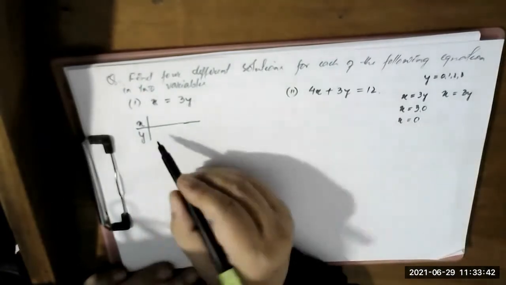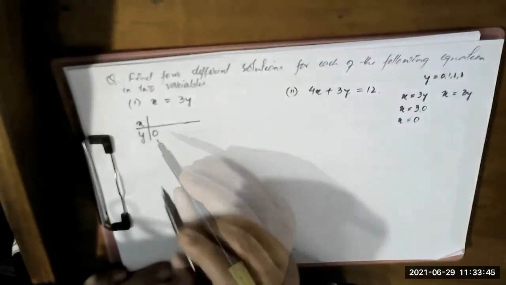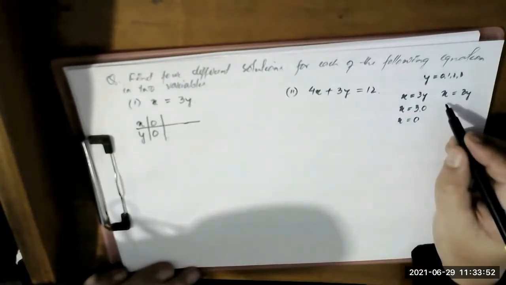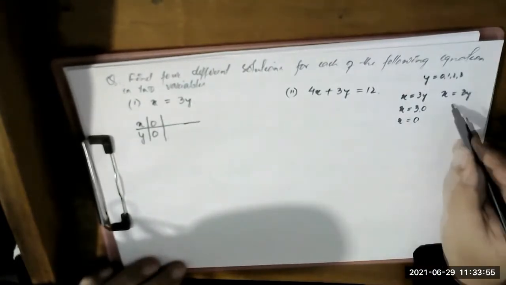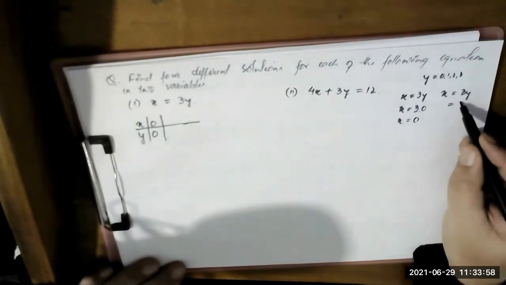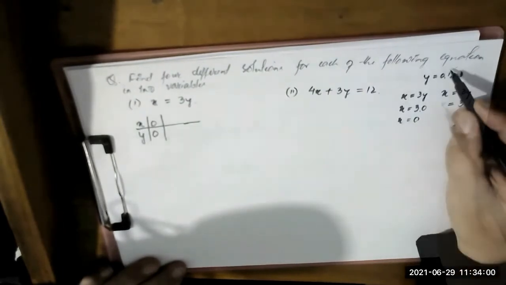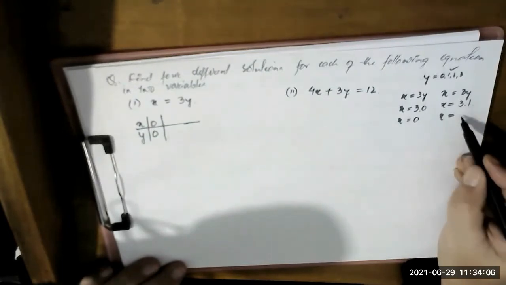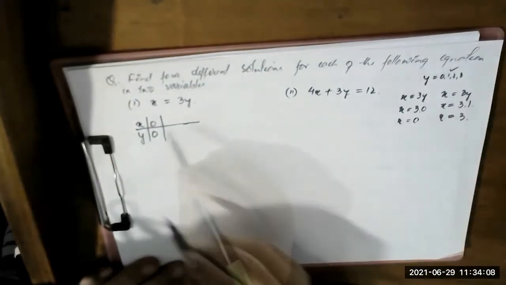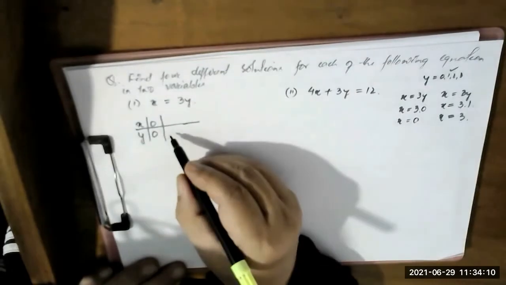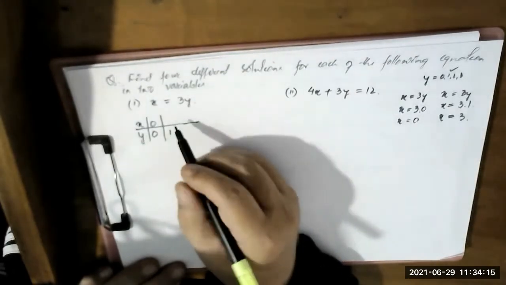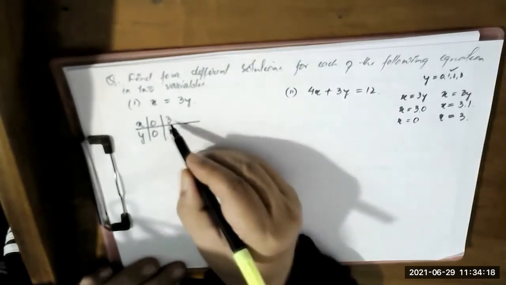So when we take y as 0, the value of x will be 0. And in the next step, if we substitute the value of y is equal to 1, then the value of x, we get 3 into 1 is 3. So here the value of y is 1 and the value of x is 3.